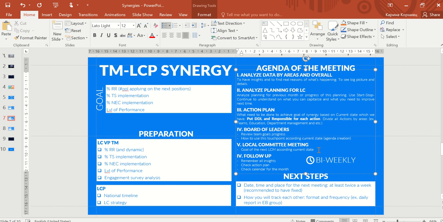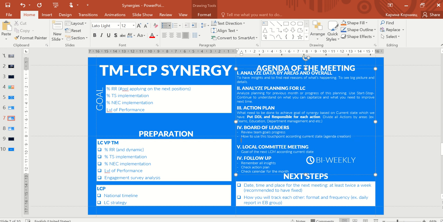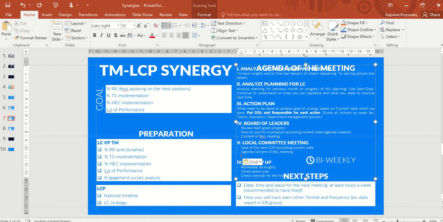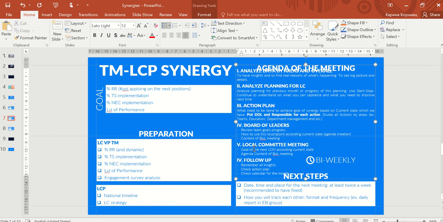It was intended to accomplish the goal of the leadership board. All these things, the strategy, should be talked about with the LCP too, right? Yeah, I agree. It's not only activities, it's the content of the touch point itself. So here also agenda, and the content.